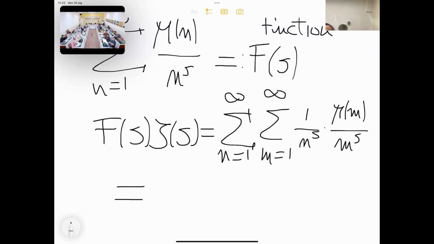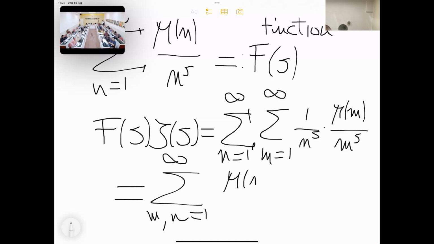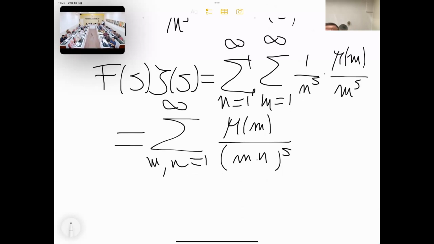This is the sum over both m and n, both from 1 to infinity, of mu of m divided by (m times n) to the power of s. Okay, so I can also rewrite it in the following way.